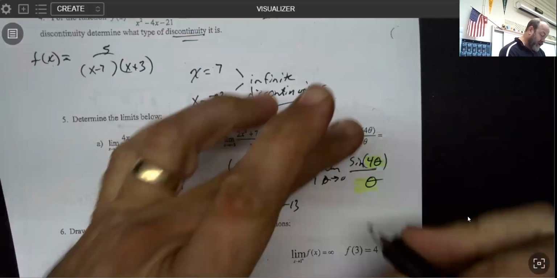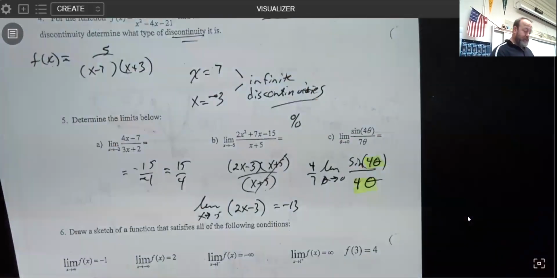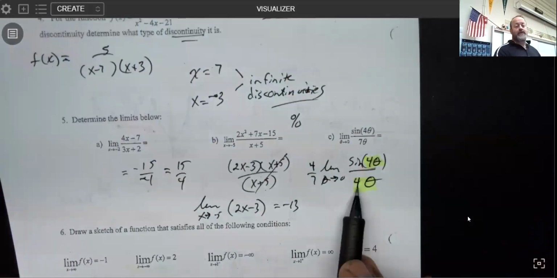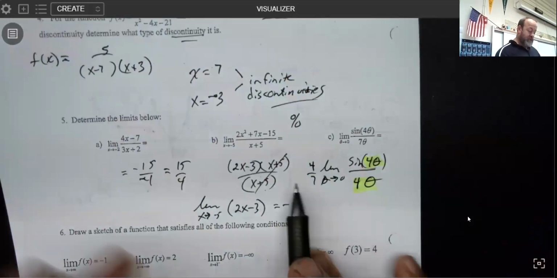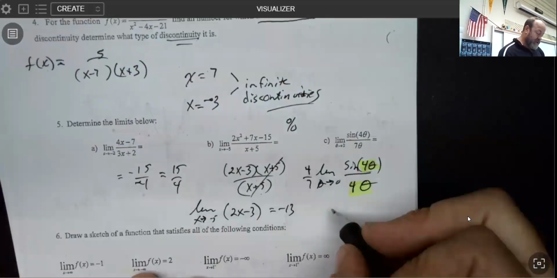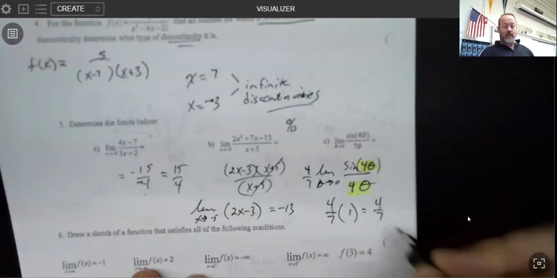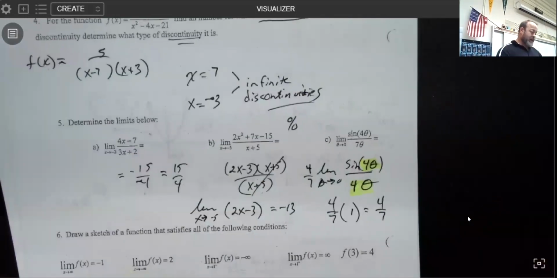So I'm going to throw a 4 here and 1 in front. Again, properties of limits say if you put something inside, you can also then pull it to the outside. So technically the 4 was here, and I pulled it out. But we know that this limit right here is 1, so it looks like the product of those things is going to be then 4/7.